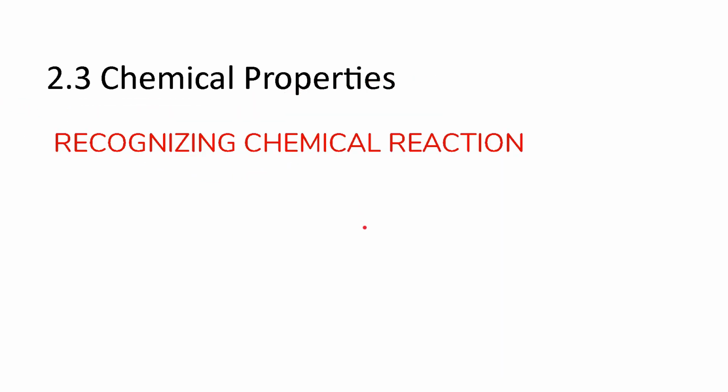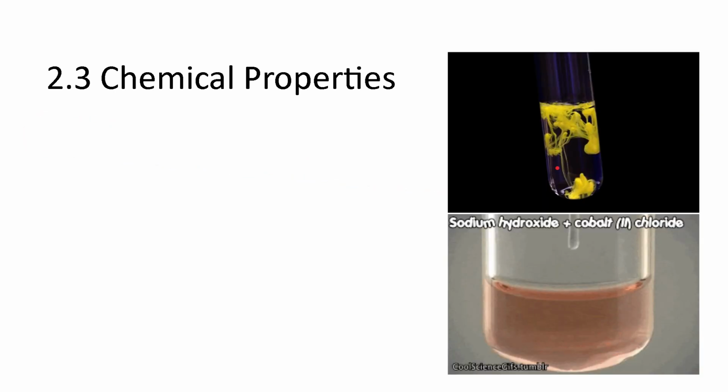So ways to recognize chemical reaction. These are going to be things that you're going to have to research on your own. If we have textbooks or any reading material provided, they would be a great spot, but you need to know how to recognize chemical reactions.